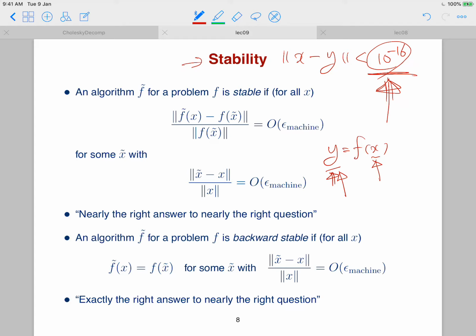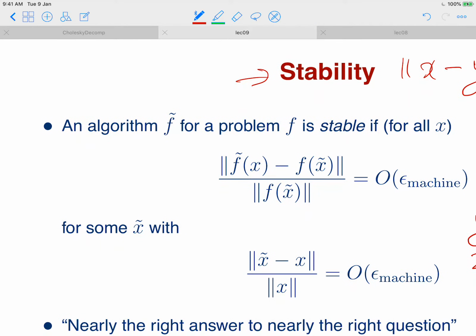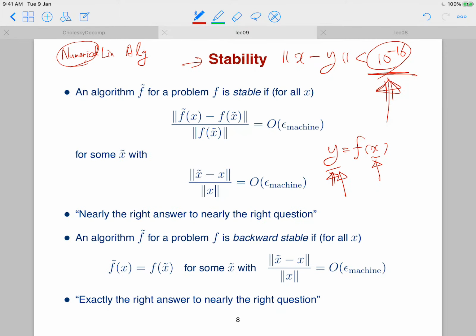Also, this class title is not just linear algebra, but numerical linear algebra, right? So the main topic in numerical linear algebra is considering all the inaccuracy introduced by our computer, mainly due to floating point operations.